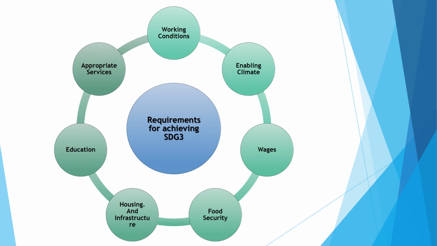And as you see here, we have requirements for achieving SDG 3, starting from working conditions, enabling climate, wages, food security, housing, education, and finally, appropriate services.